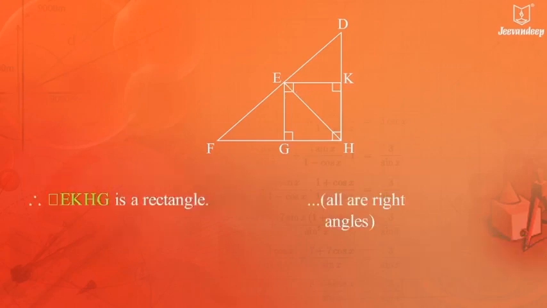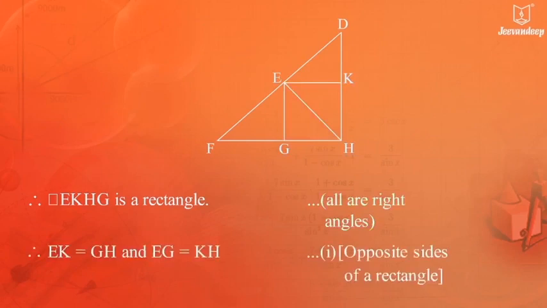Therefore, quadrilateral EKHG is a rectangle, as it has all angles as right angles. EK equals GH and EG equals KH, equation 1, being opposite sides of a rectangle.